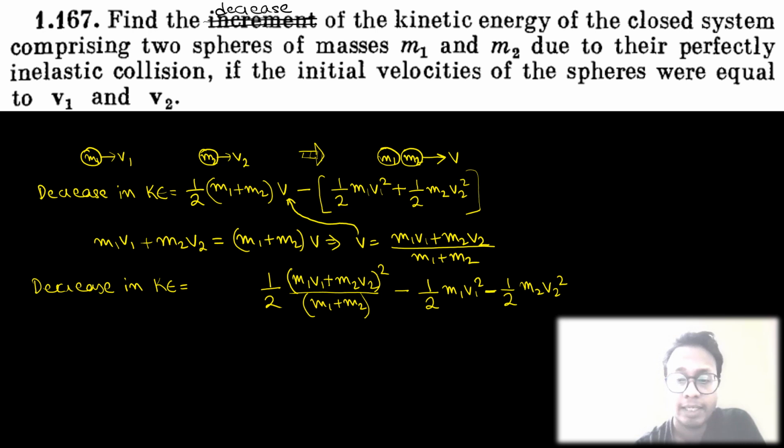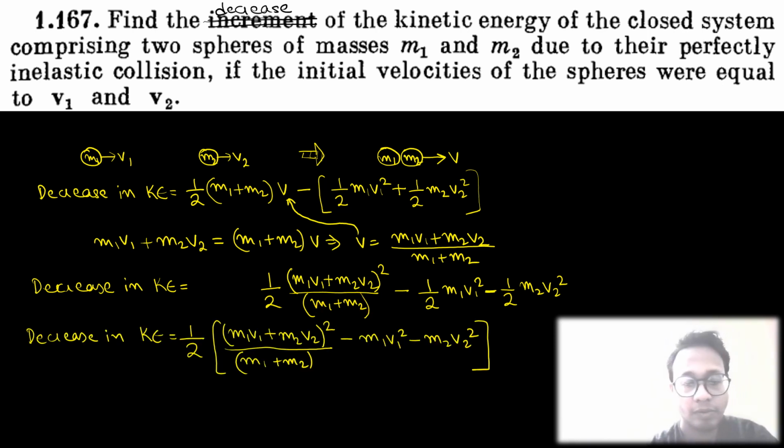I can take m1 half common from all the terms, and from the remaining terms I can take m1 and m2 as LCM. What I've done here is taken half common and written down the rest of the terms. Now if I take m1 plus m2 as LCM, what do I have to do? I have to multiply m1 plus m2 with this term and this term.